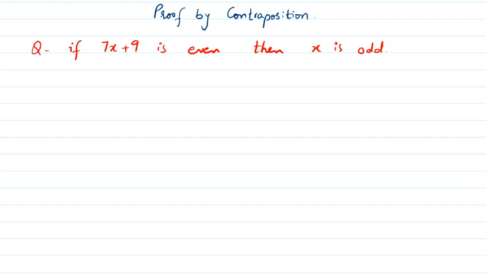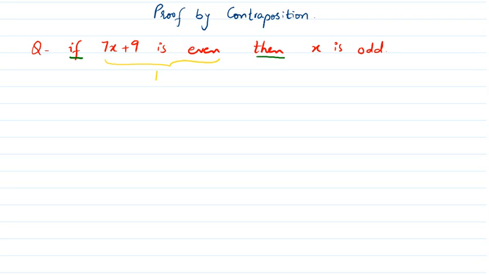Let me first identify what is my p, what is my q. अब आपने keywords अपने सामने रखने हैं, एक तो आपके पास है if, दूसरा keyword है then, right? So the in between statements, that is 7x plus 9 is even. This is a predicate whose value or whose justification is depending upon the variable x.